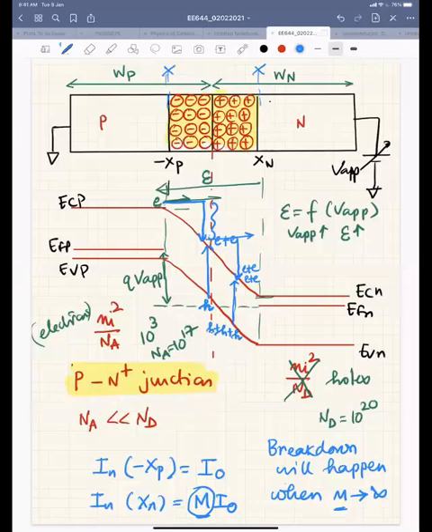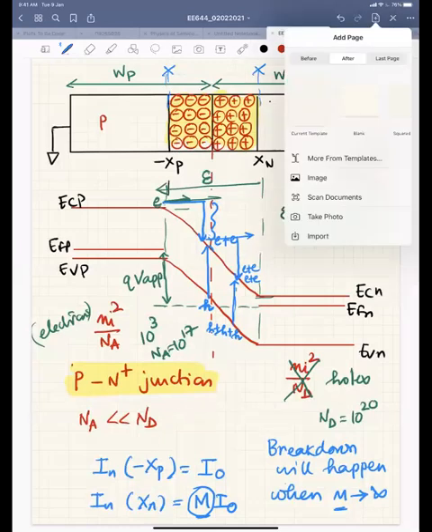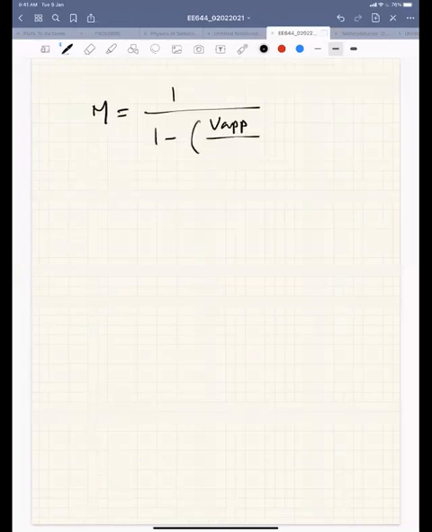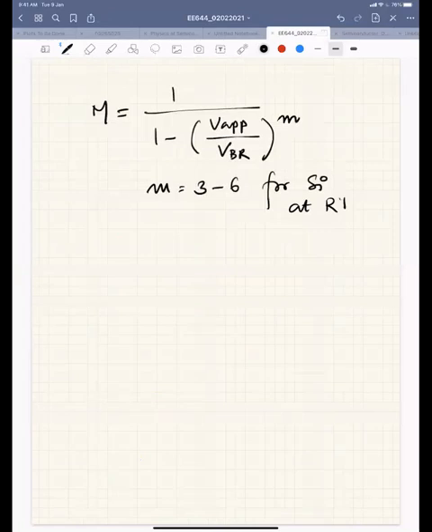When you talk about models, the model is something like this. M is modeled as a function of the applied voltage over the breakdown voltage, to the power m, and m equals 3 to 6 for silicon at room temperature. This is how M is modeled in most cases.